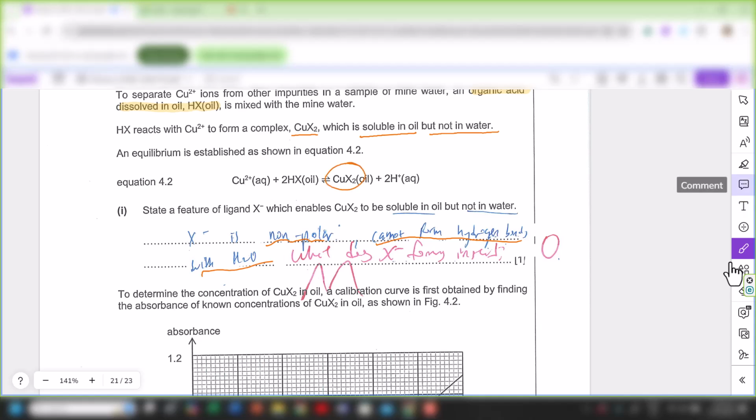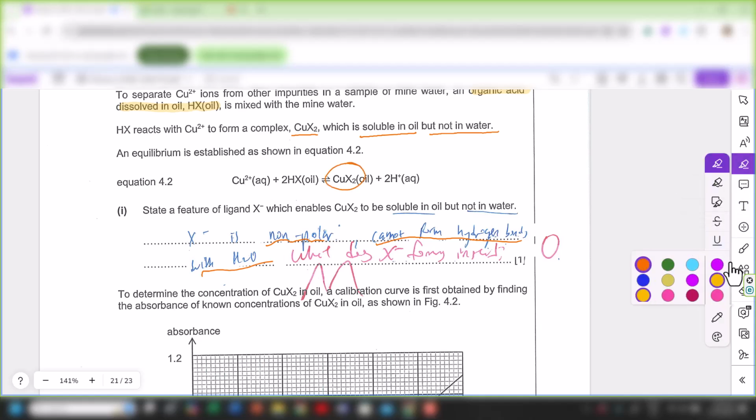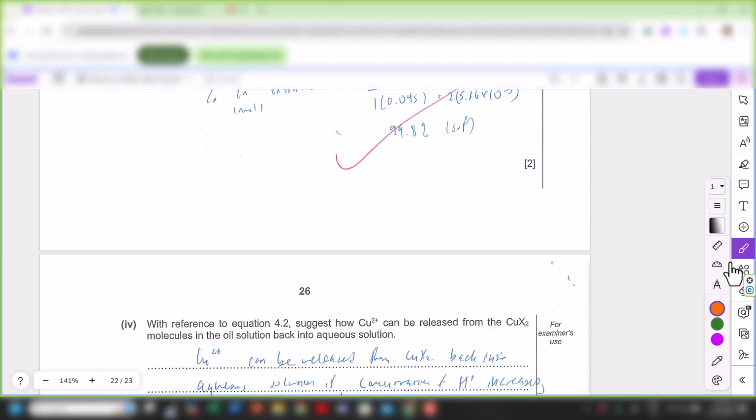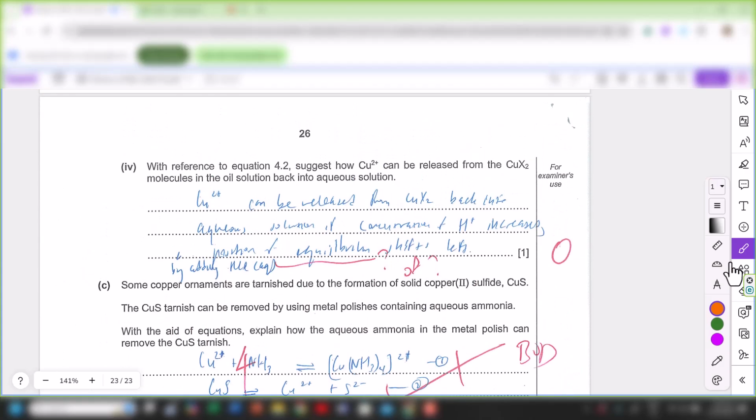Basically all I need to do is increase the amount of H plus. So you can say you increase the concentration of H plus by adding a mineral acid. Copper 2 can be released as the position of equilibrium shifts to the left.